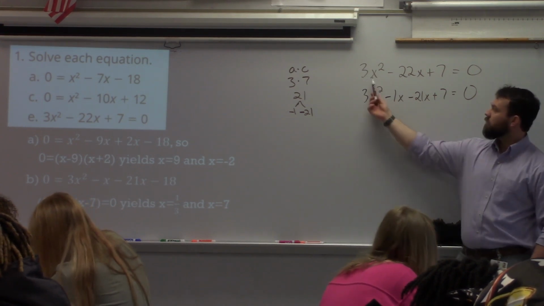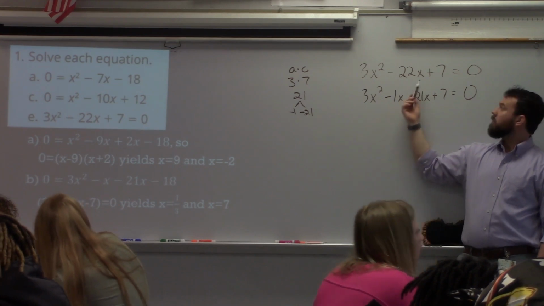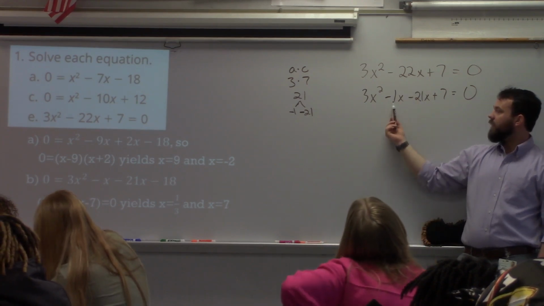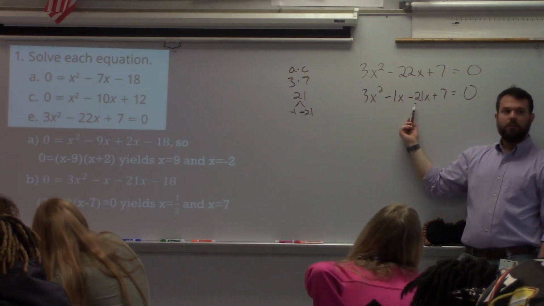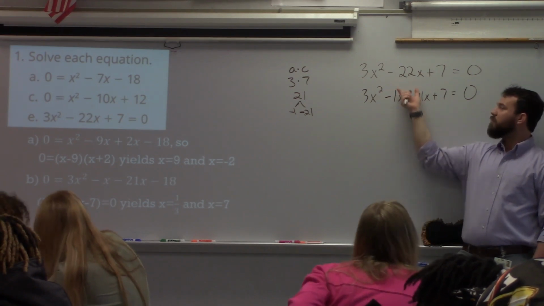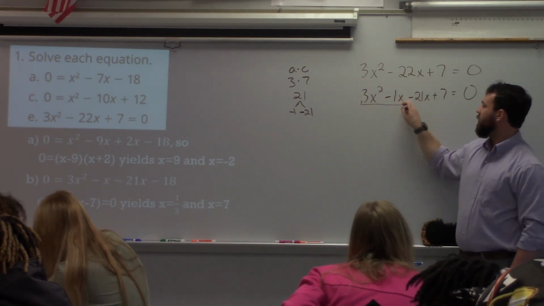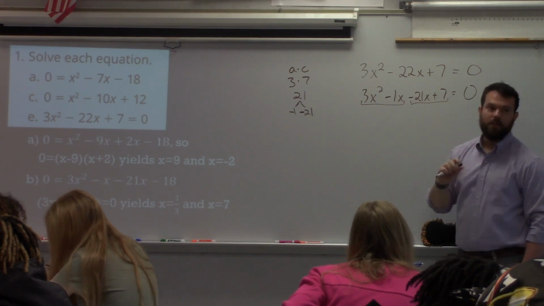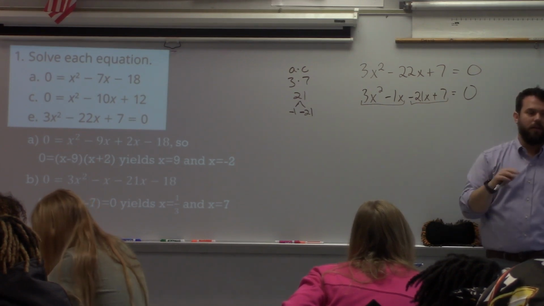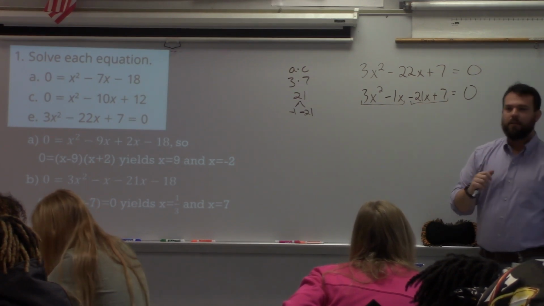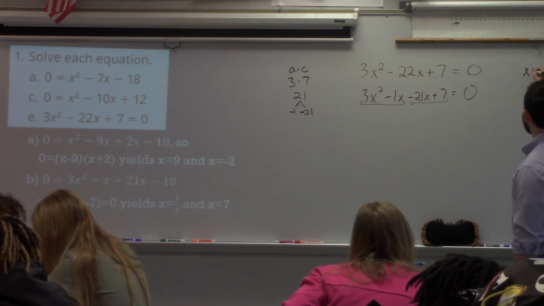If you look at it, that's 3x squared, right? -22x, is that the same as -1x minus 21x? So remember, I'm trying to just rewrite this middle term so that I can have those 4 terms that I'm going to factor the GCF out of, right? I need those pairs.